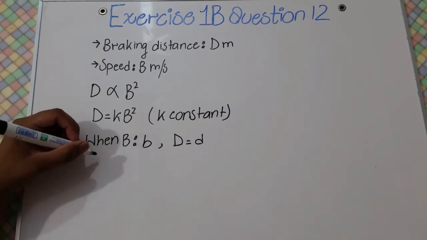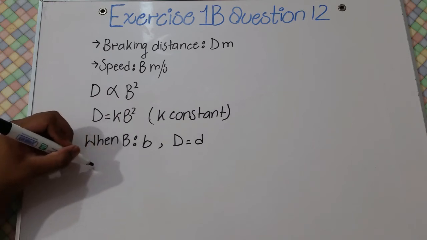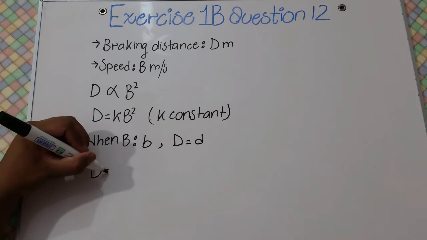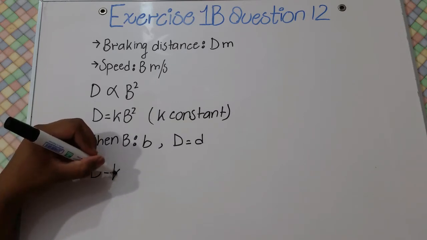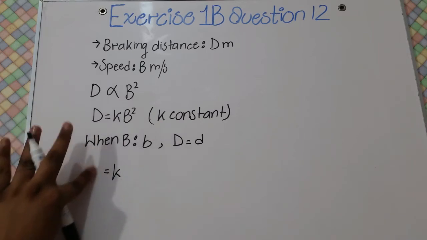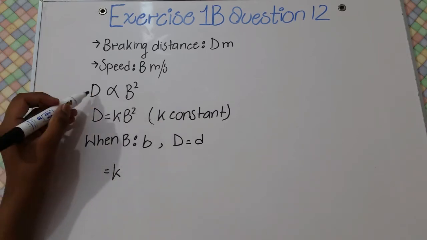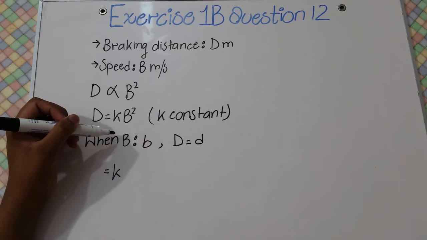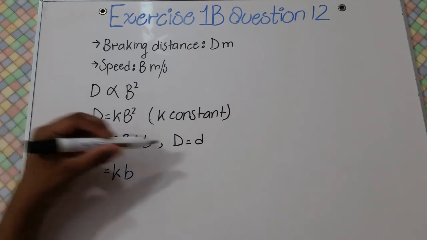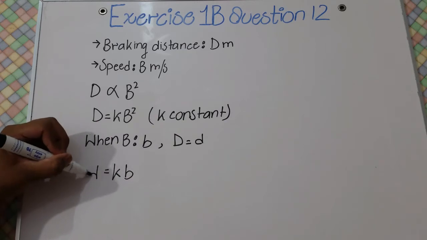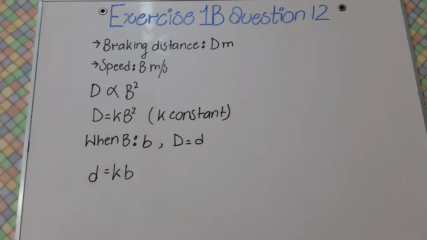So if we write it like this, D equals K B squared, where the value for B is small b and D is small d. It would be something like this.